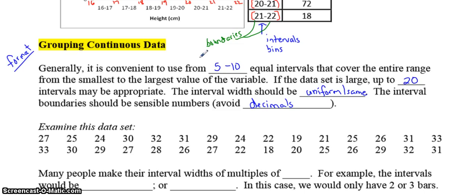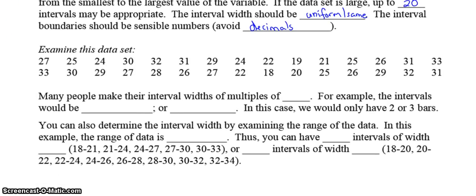Okay, so you're going to avoid decimals. And make them, when I say nice numbers, I just mean if you can get away with like 10 to 20, 20 to 30, or 5 to 10, 10 to 15, then it just makes it easier for the reader to make sense of the data. But sometimes that's not always possible.